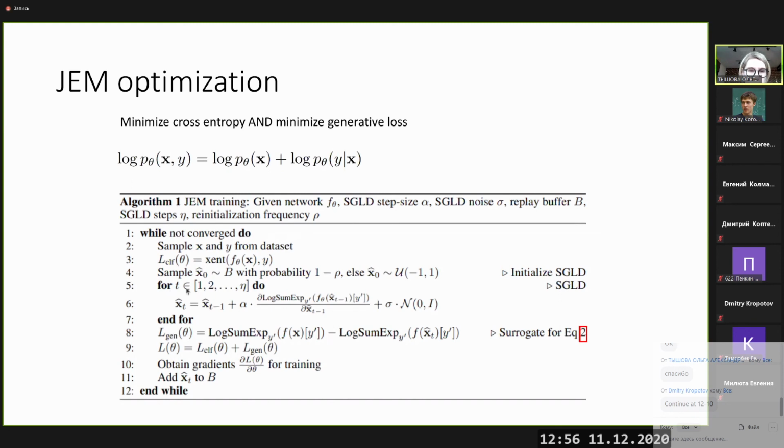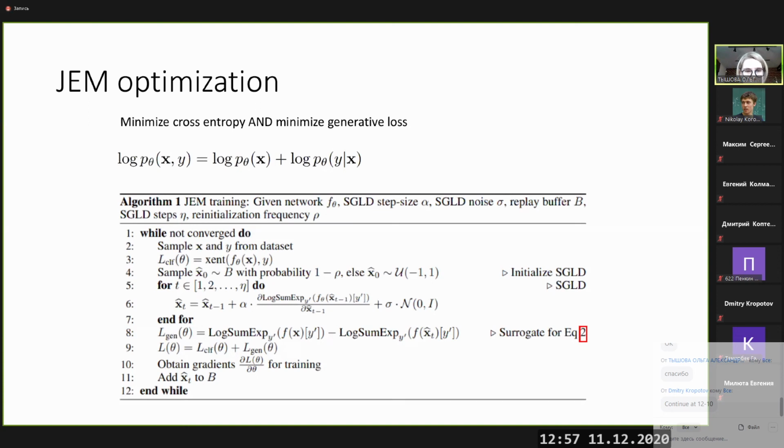Once we have obtained our estimator of x with the Langevin scheme, we compute the difference between the log sum exp of the true x and the log sum exp of the generated x. Our loss function now becomes a sum of the discriminative loss function and the generative loss function. And then we can just obtain the gradients for the training.